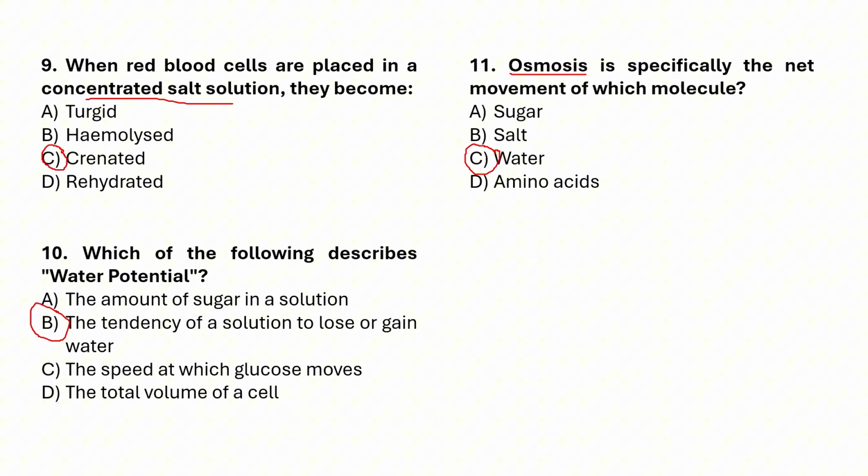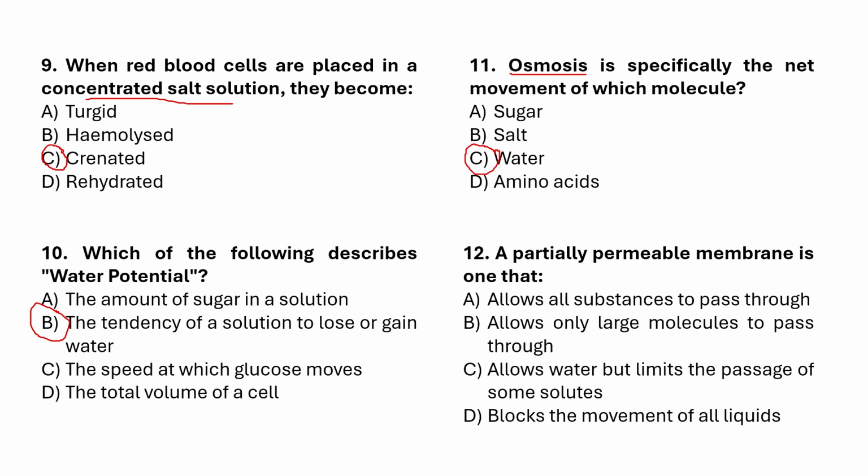While diffusion refers to any particle, osmosis is a specific term strictly reserved for the movement of water molecules, and it is a movement across a partially permeable membrane. That is the difference between osmosis and diffusion. Diffusion does not involve any partially permeable membrane, but osmosis requires one.